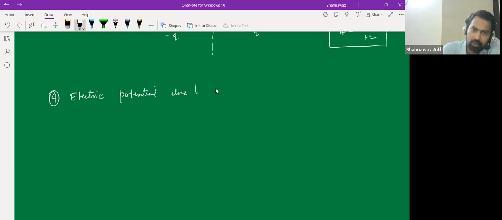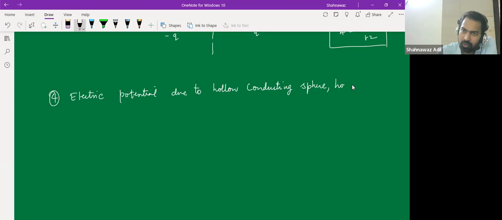And then after this, we calculated the electric potential due to a hollow conducting sphere, or a hollow non-conducting sphere, or a solid conducting sphere.